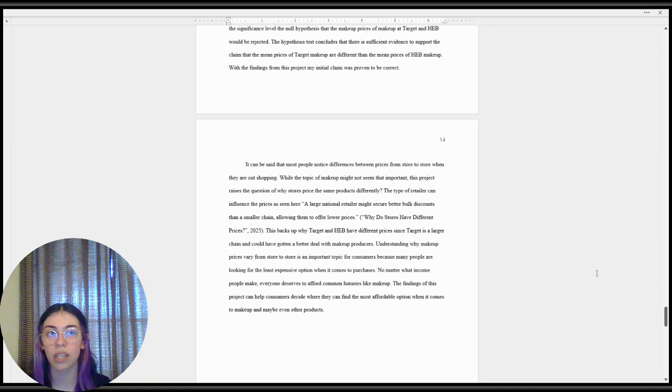And since Target is a larger chain retailer than HEB, it could suggest that they got a better deal in purchasing makeup prices from producers, meaning that they would be able to price their products at a lower price than HEB. This allows people to determine which retailer they would prefer to buy their products from.